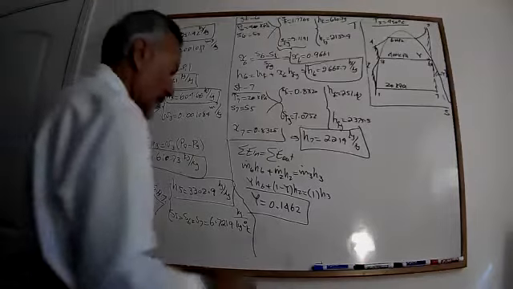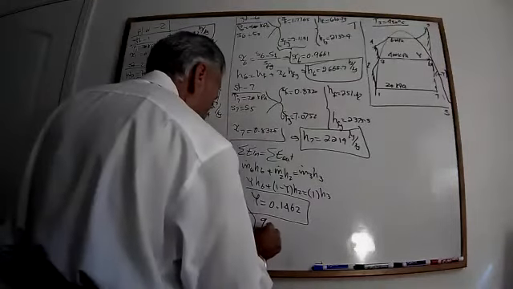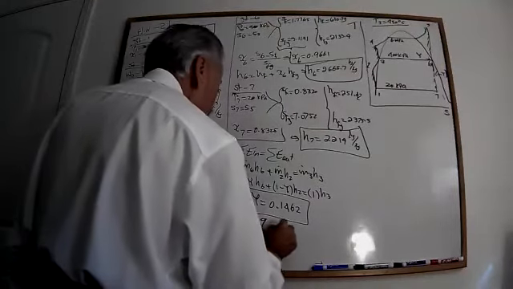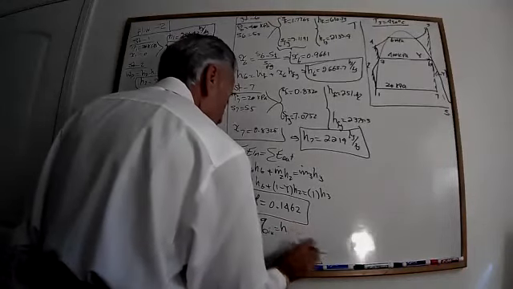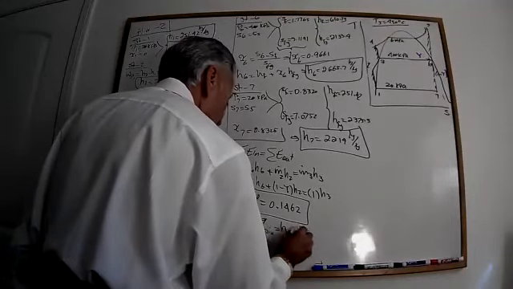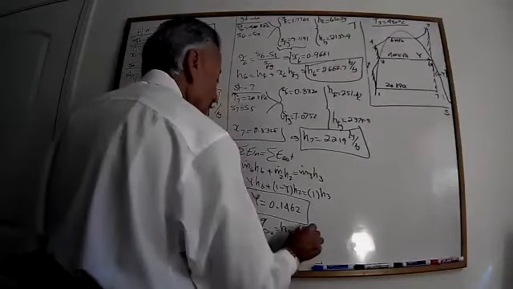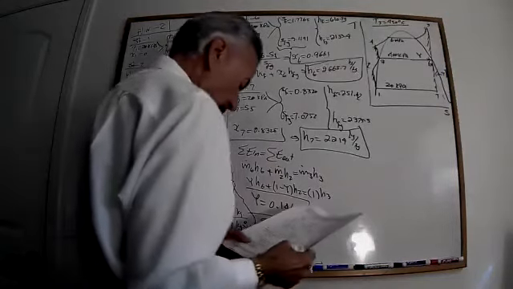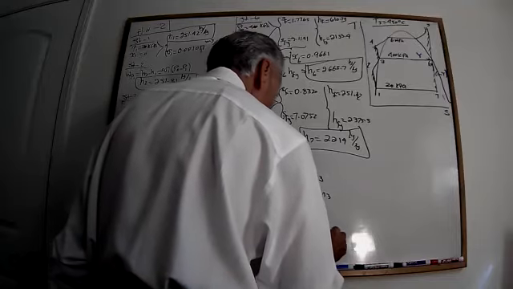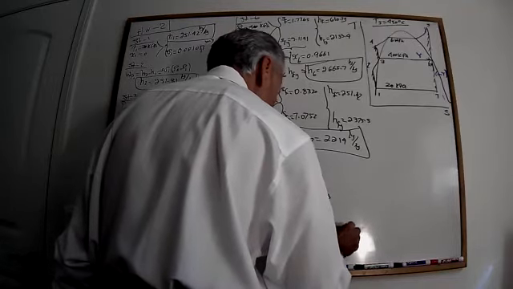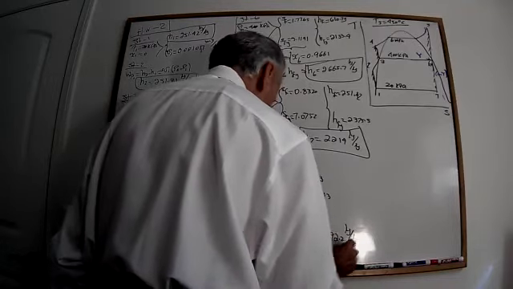Now that I have that, my Q in would be H5 minus H4, and that gives me a Q in value of 2692.2 kilojoule per kilogram.